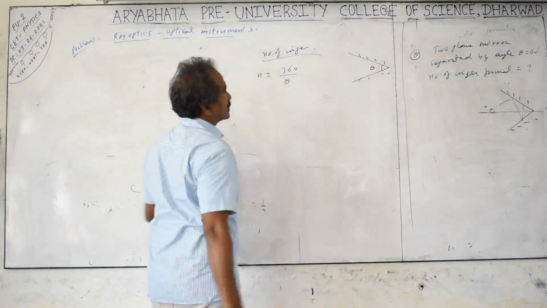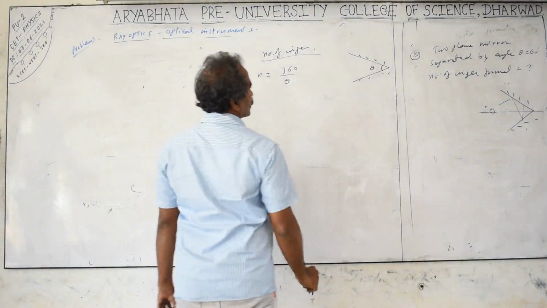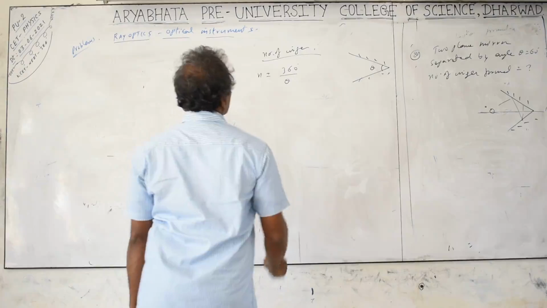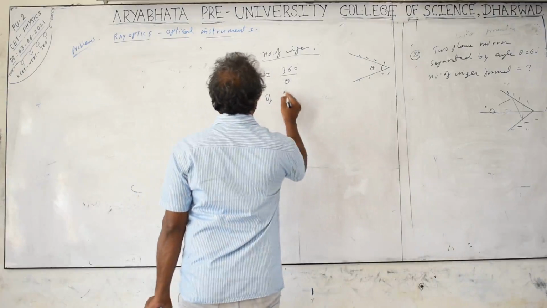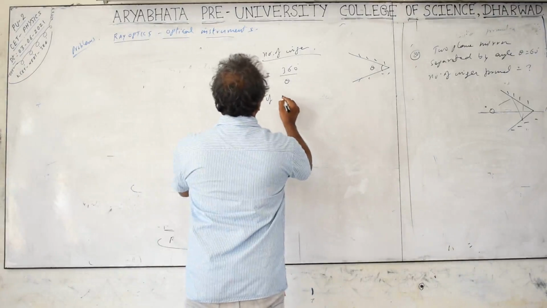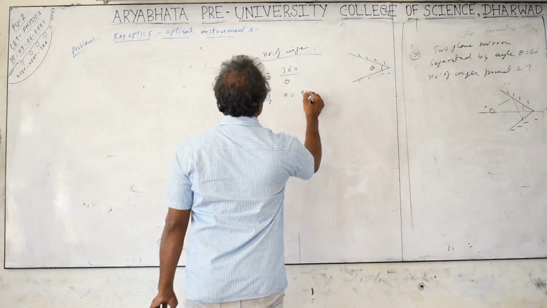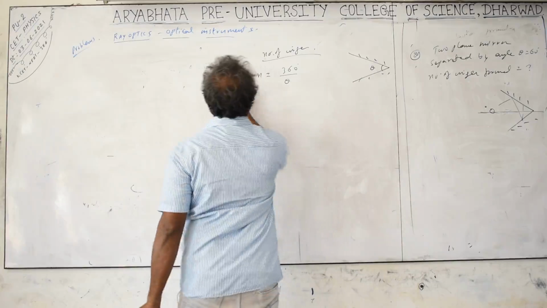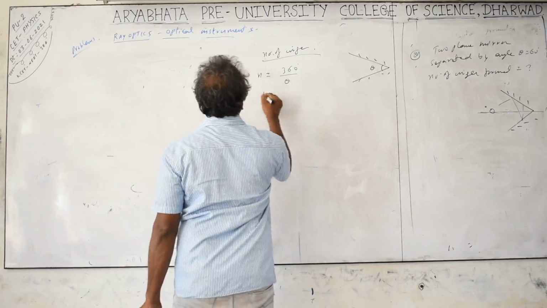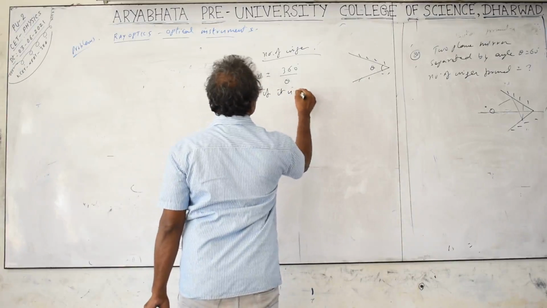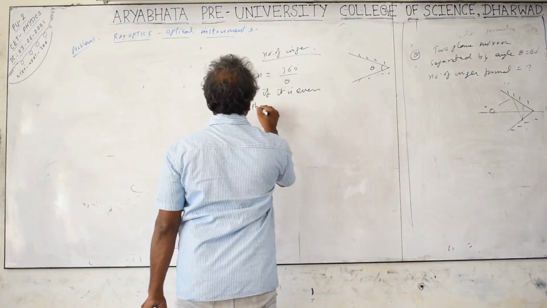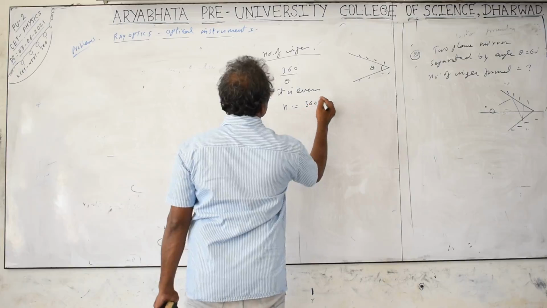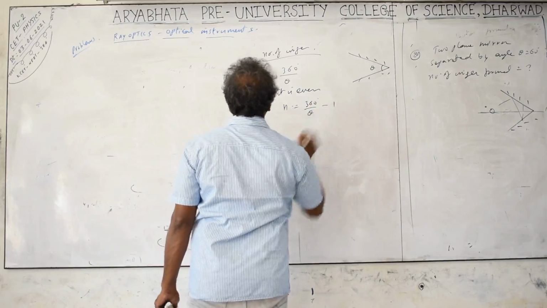In this case, if 360 by theta is an even number, then you take it as minus 1 to make it odd. So n is equal to 360 by theta minus 1.